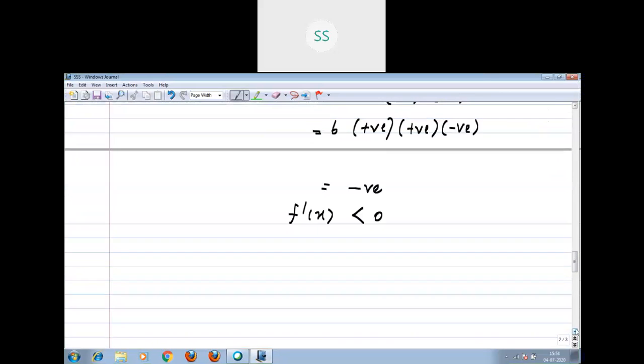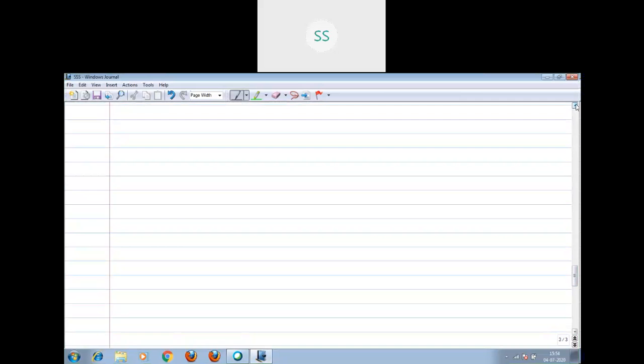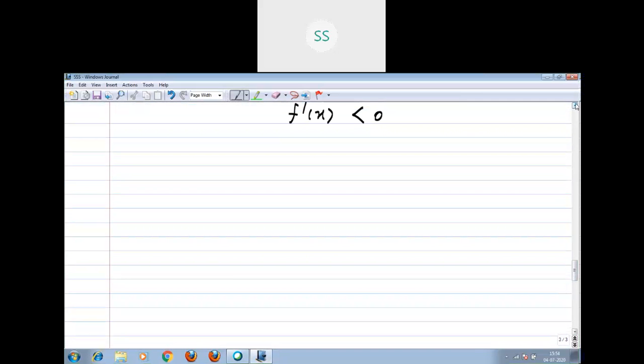Now we'll pass on to the next interval, right? What is the next interval? Next interval is minus 1 to 1. Here you can assign x value as 0.